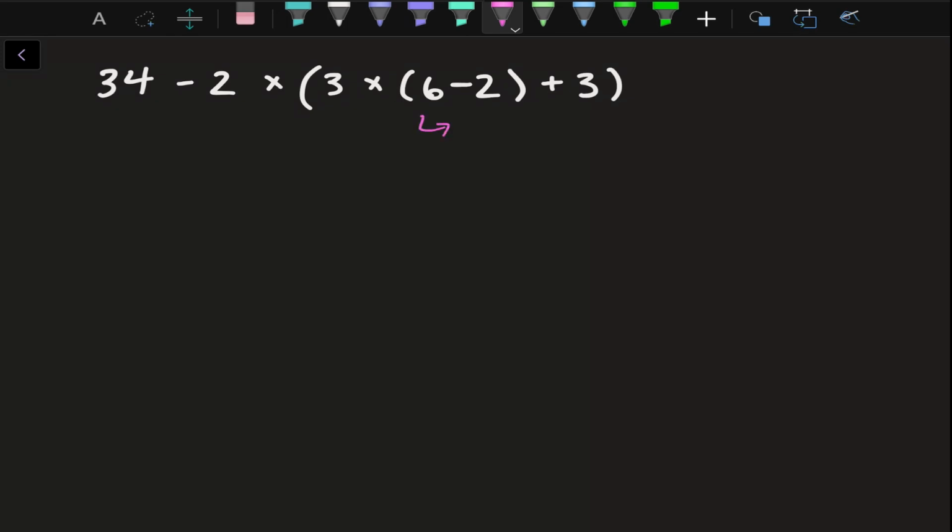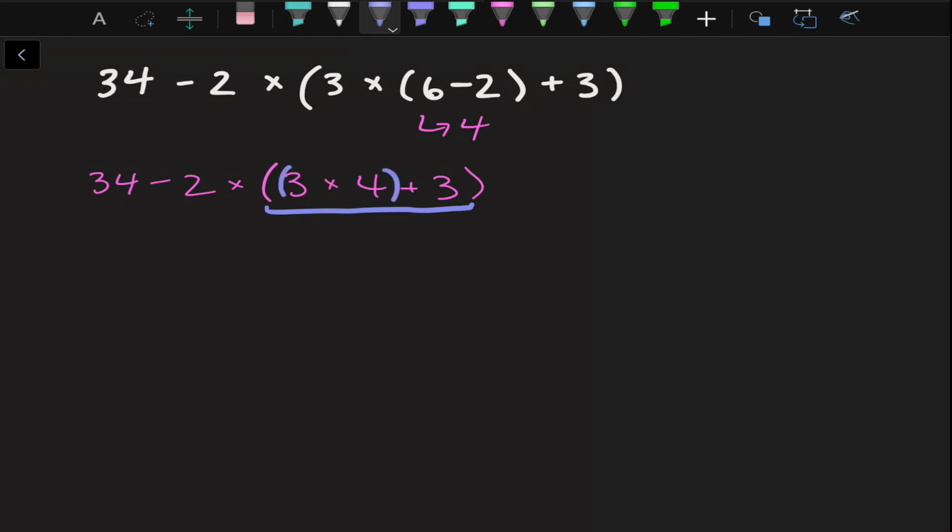So 6 minus 2 is 4, so then we'd have 34 minus 2 times 3 times 4 plus 3, and this is in brackets. So now BEDMAS again, we're going to do the brackets first, and within the brackets I have multiplication, so I'm going to do that first, and then I'll add. So I end up with 12 plus 3 in my brackets, which ends up being 15.